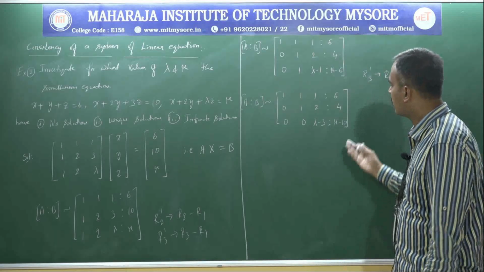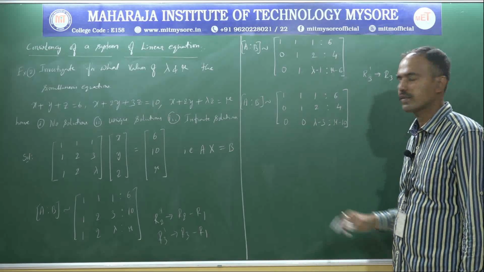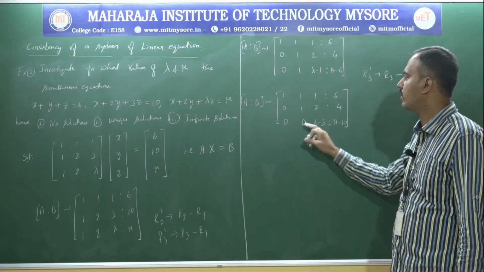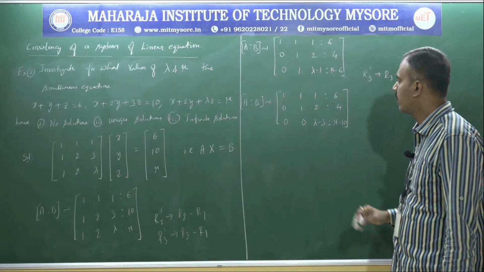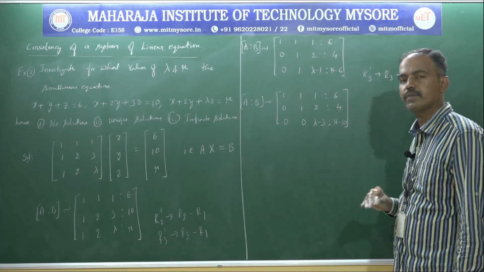Is it clear? Finally, check the leading entry 1: all the column elements below the leading entry are 0, and there are no zero rows. We can stop here.